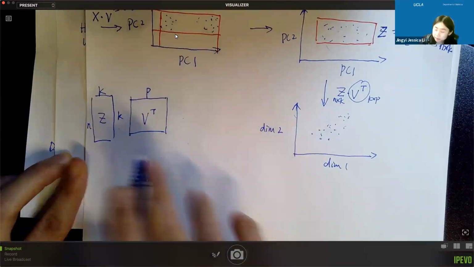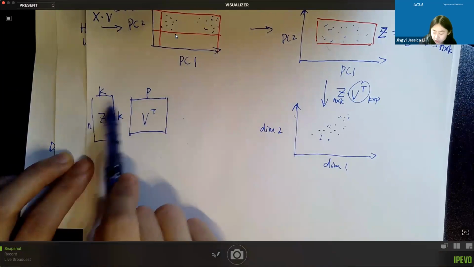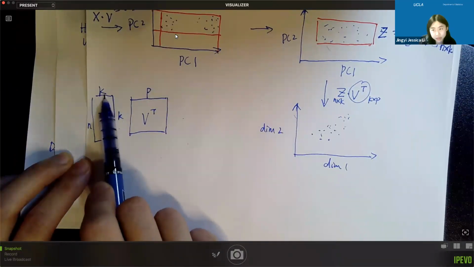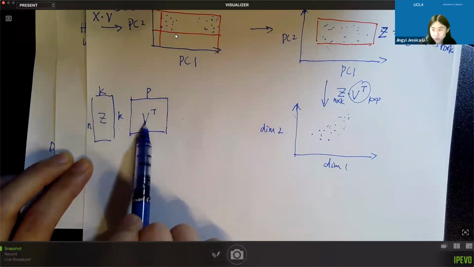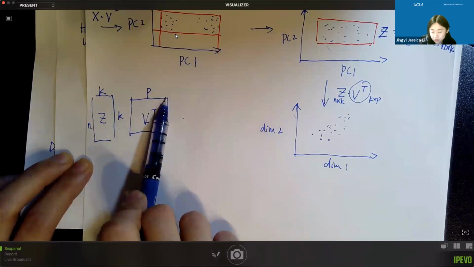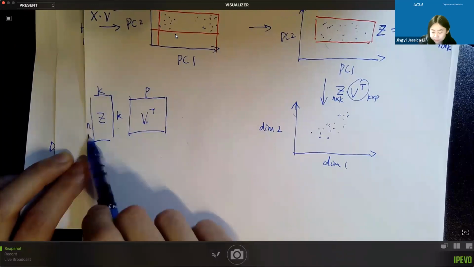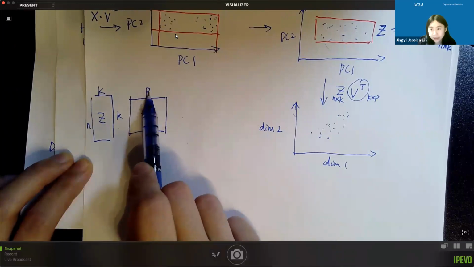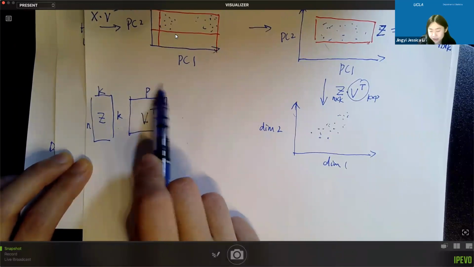So in our example, you can consider this Z just to encode N data points in a K-dimensional space. And what this matrix is doing is that by doing the right multiplication, you are going to map the same N data points to a new P-dimensional space.